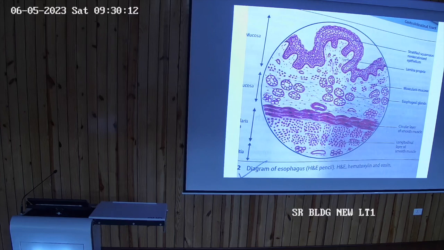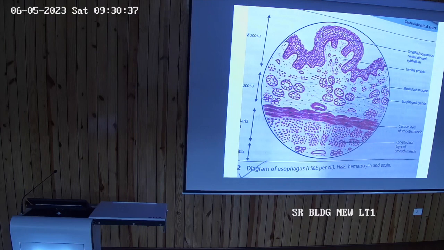These are the basic things we will see in the GIT slides. Only variations come at different parts of the GIT. When we see the slide of stomach, small intestine, jejunum, ileum, appendix, there are slight variations everywhere. But in every slide we will see it like this.